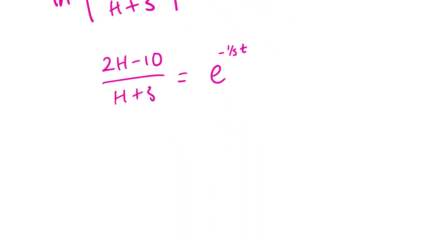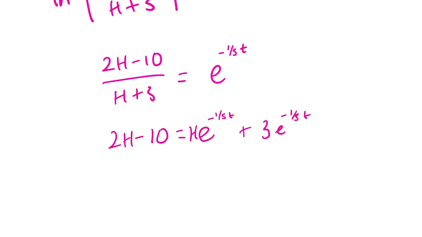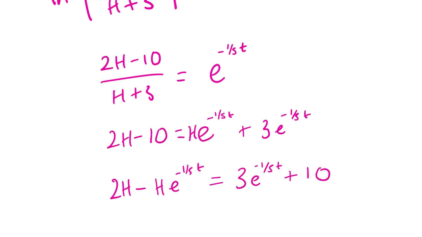Now what I need to do is multiply both sides by h plus 3, giving e to the minus t over 5 lots of h plus 3e to the minus t over 5. I need my h's on one side, everything else on the other. So you get 2h minus h e to the minus t over 5 equals 3e to the minus t over 5 plus 10.